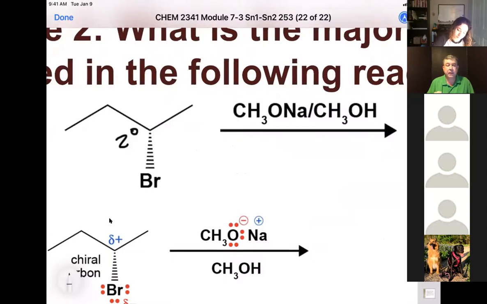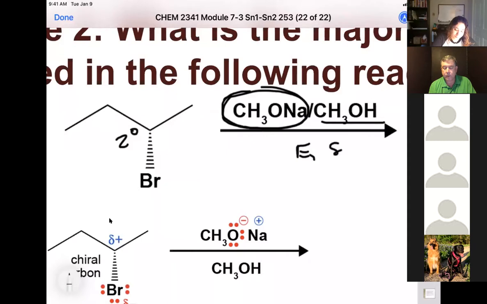When we have a secondary and we have a strong base and a good nucleophile in a protic solvent. So right now, before we do anything else, we have an SN1 E1 possible, but because we have a strong base, our E1 and SN1 actually are eliminated.